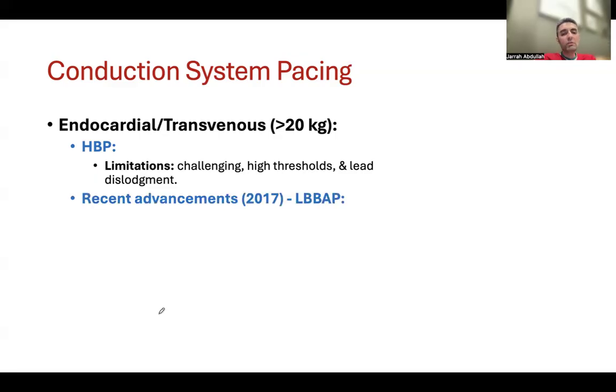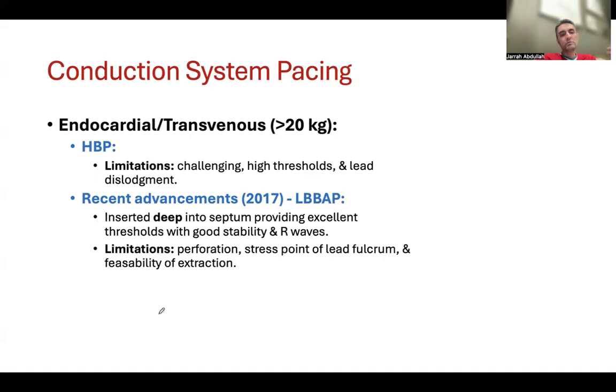But more recently, in 2017, left bundle branch area pacing was described. So what is left bundle branch area pacing? You insert the lead deep into the septum in order to engage the left side of the septum. This technique provides excellent thresholds.